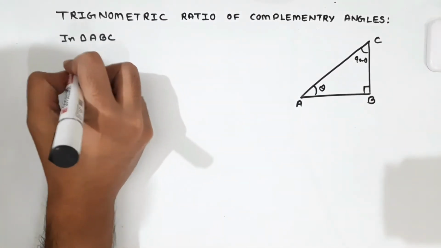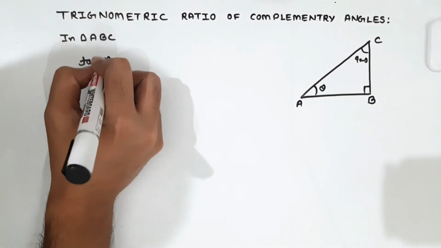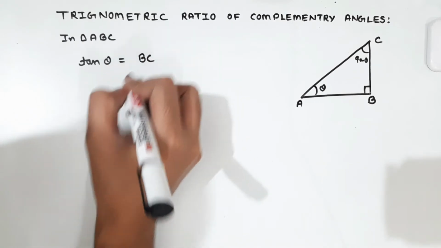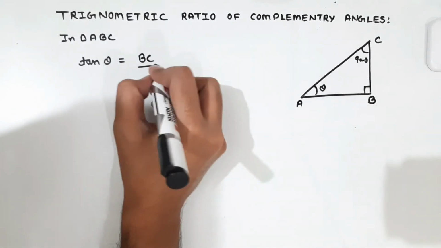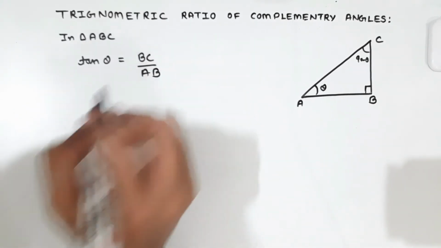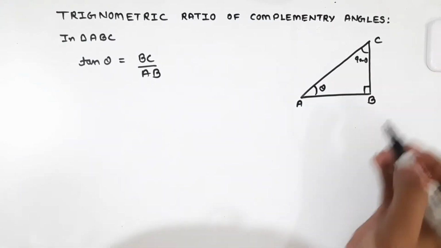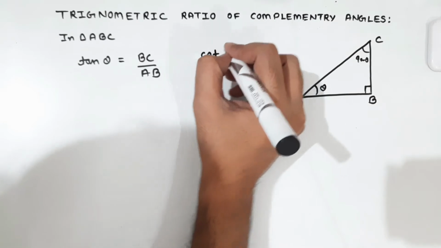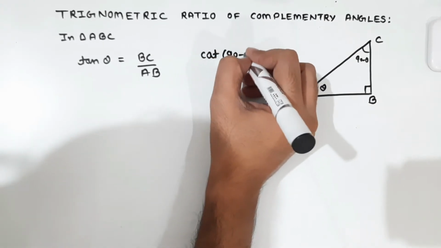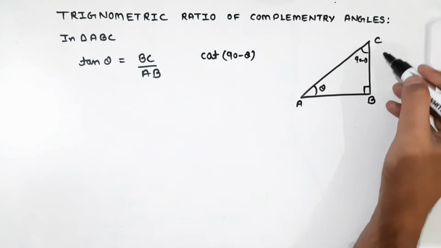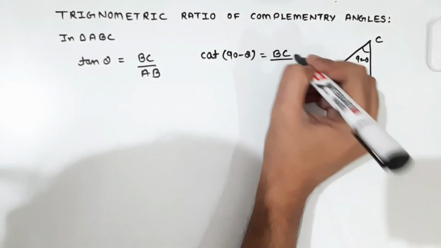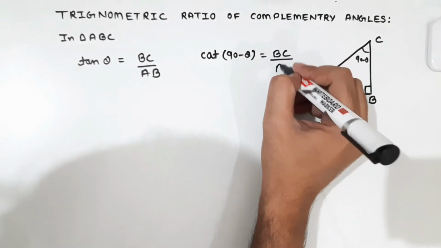Now tan of angle theta will be perpendicular, that is BC, upon base, that is AB. Then cot of angle C, that is 90 minus theta, will be base, that is BC, upon perpendicular, that is AB.